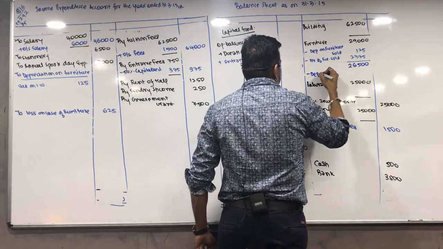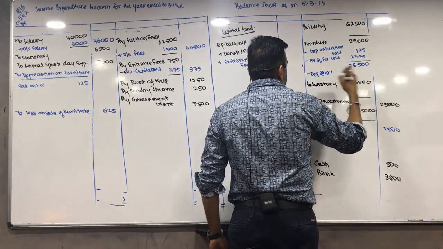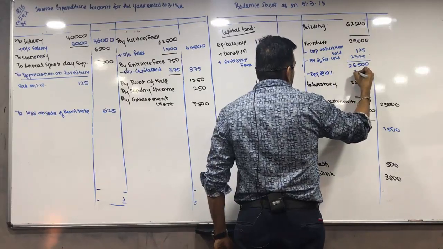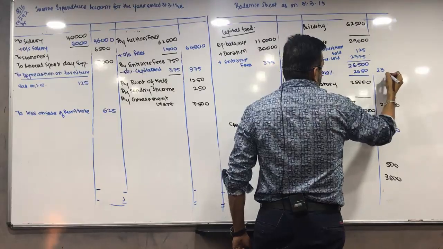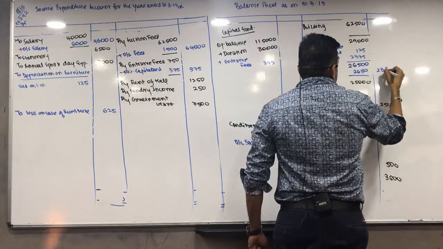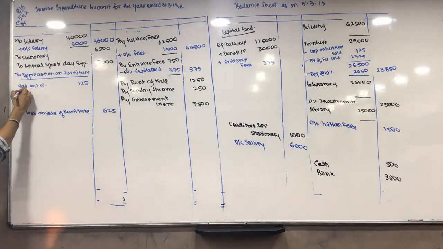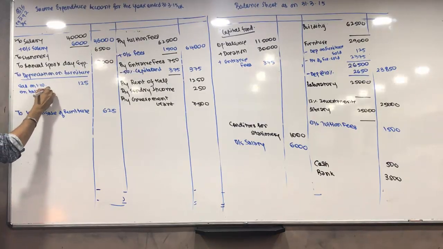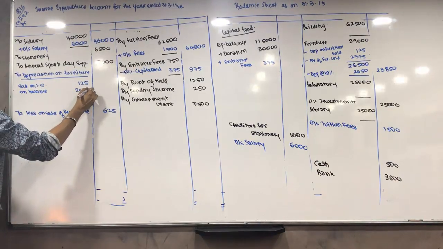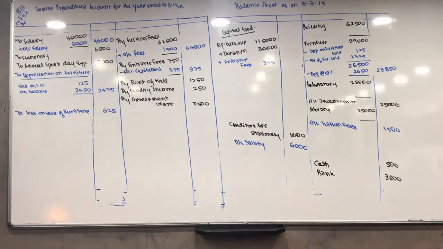Minus depreciation at the rate 10%. What will be the amount of depreciation now? 2650. 23850. On balance, the depreciation is 2650. So 2775 is the amount of depreciation on furniture.